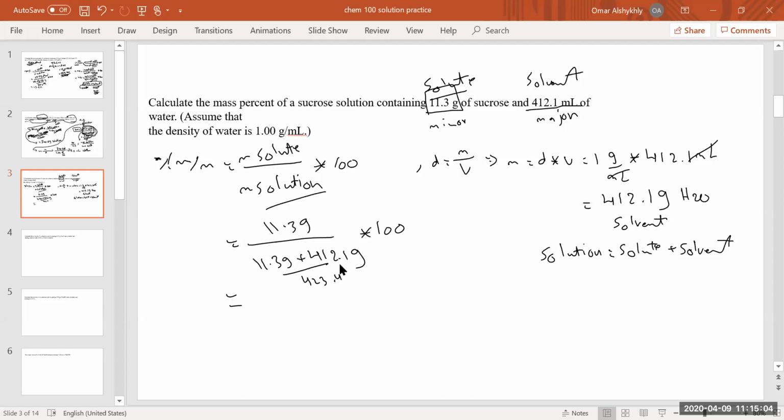Now let's divide the 11.3 divided by 123.4, and we will get this times 100 and give us 2.667. So here the percentage, 2.67% mass per mass. Okay.